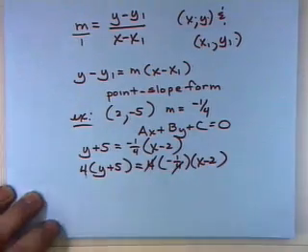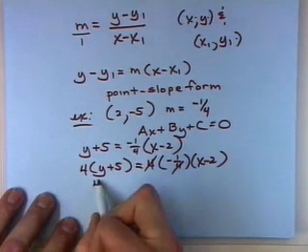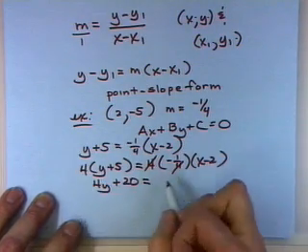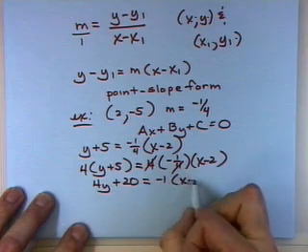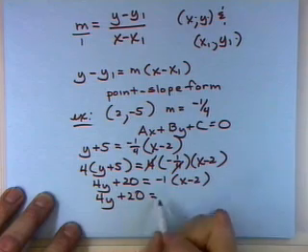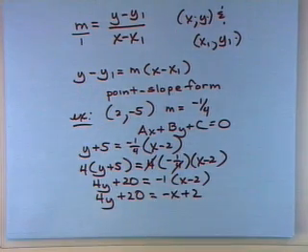So this 4 and this 4 will knock one another out. So we've got 4y plus 20. Does that look all right with everybody? That computation?